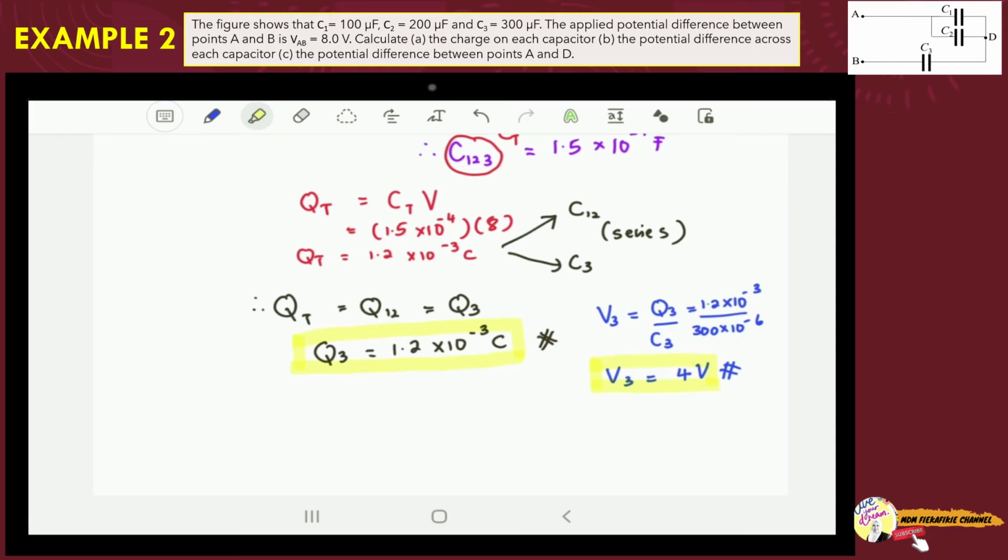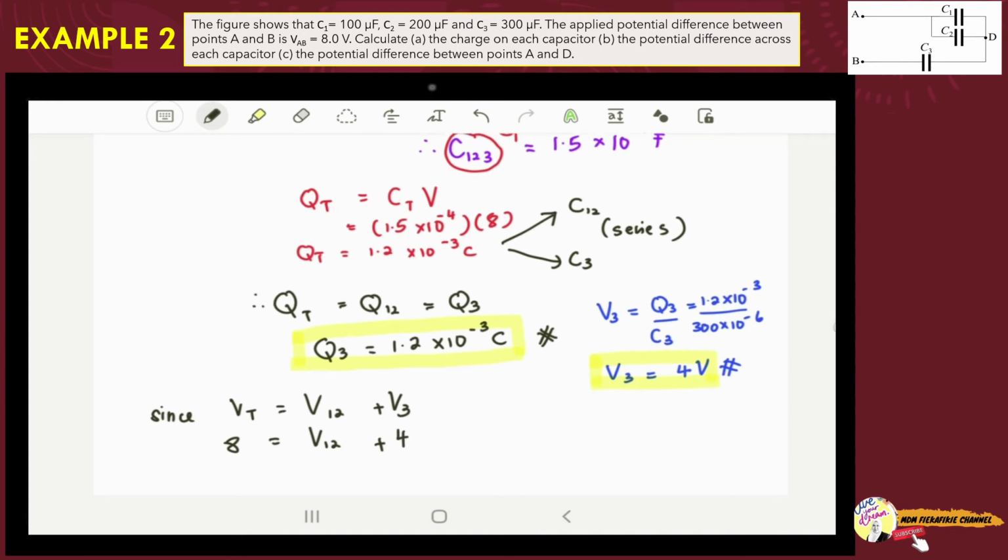Okay. So, here we can find what is V12. Okay. So, we can write. I write this because I want you to understand. Since V total is equal to V12 plus V3, therefore we can calculate V12, where 8 is equal to V12 plus 4.